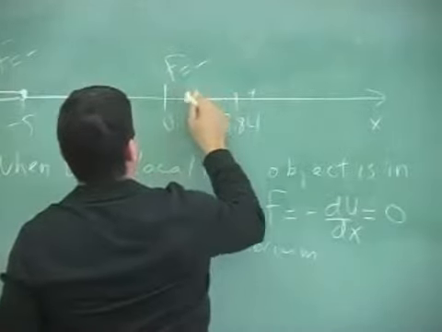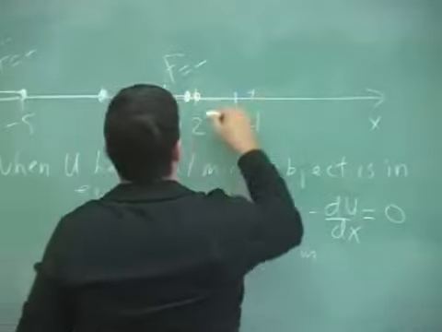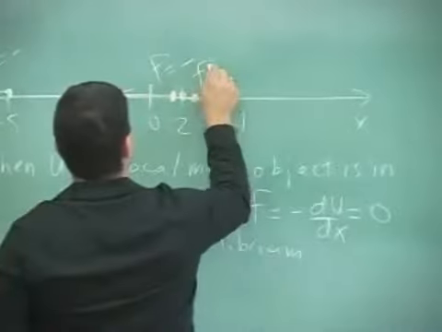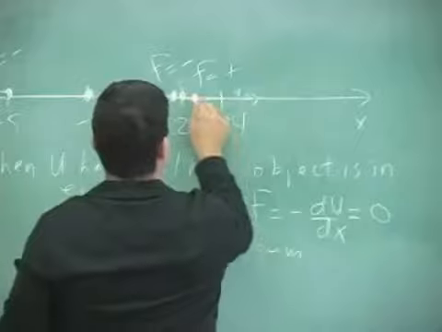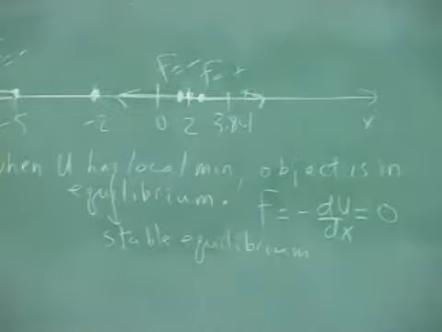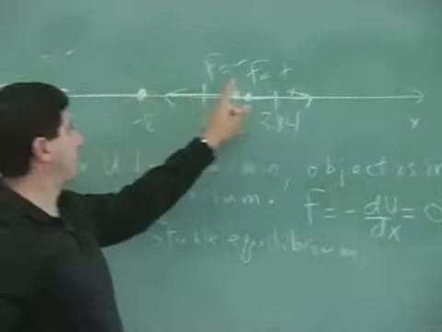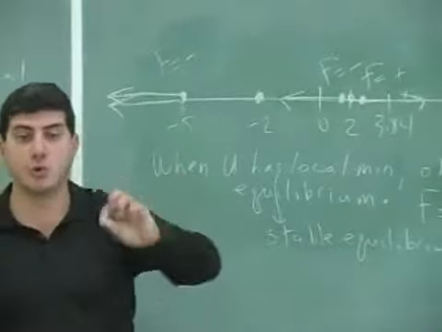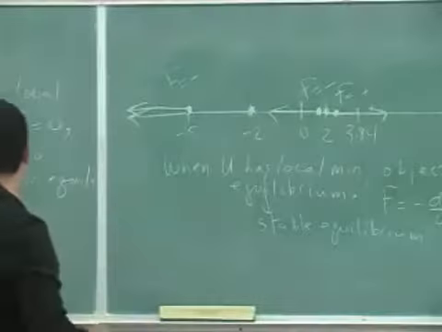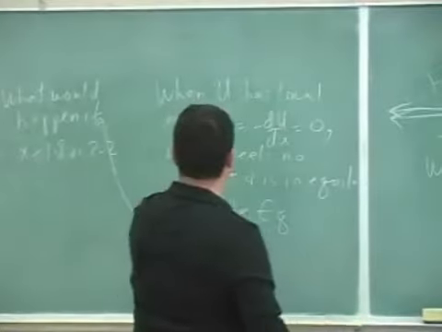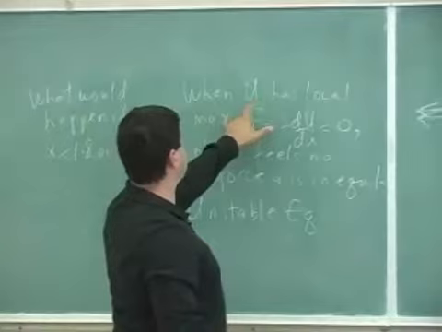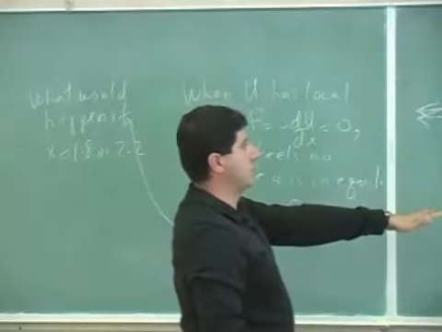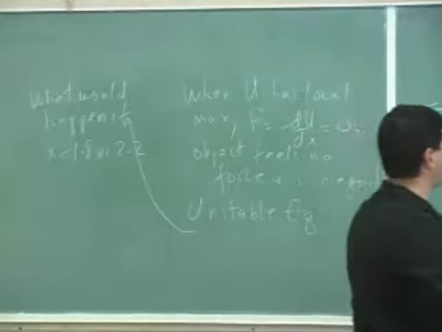And if it's placed right there, the derivative is negative, it's going to feel a positive force. It's going to go that way. So if it's placed here it goes this way, if it's placed here it goes that way, so therefore it's an unstable equilibrium. It doesn't go towards that equilibrium, right? So the easy way to remember it is local max gives you unstable, local min gives you stable, and that's about it.